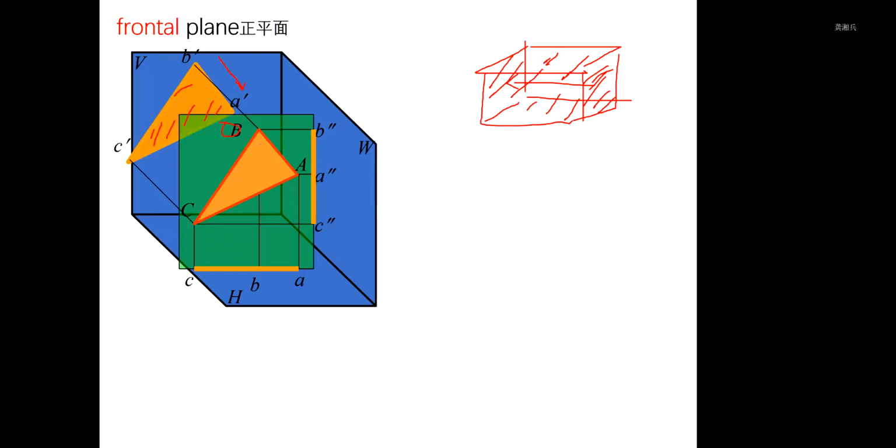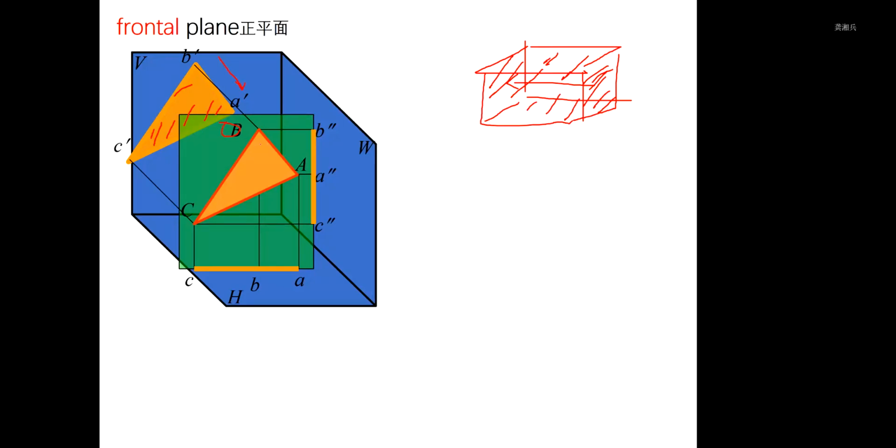Most of the time, we use a triangle on the plane to represent it. So this triangle represents plane B. The projection of plane B on the V is the shape of a triangle. The other two projection planes show two lines.